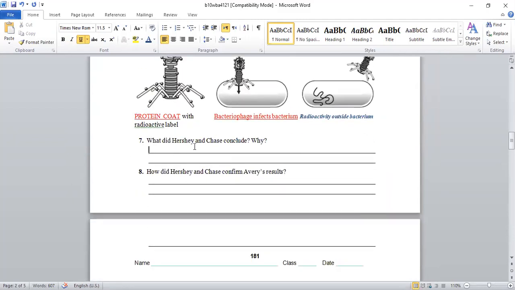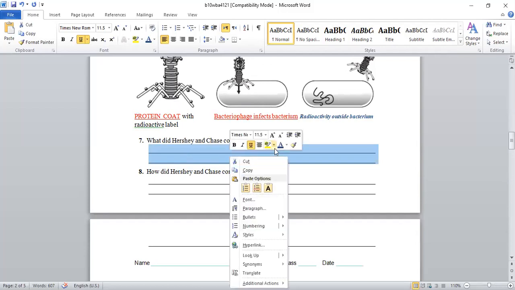Okay, what did Hershey and Chase conclude? Why? They concluded that the genetic material must be DNA because the phage injected only DNA, not protein, into the bacteria.